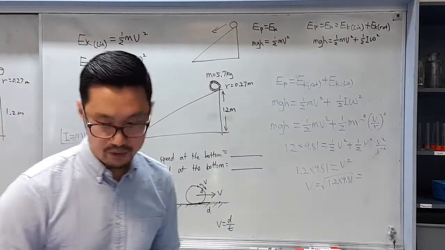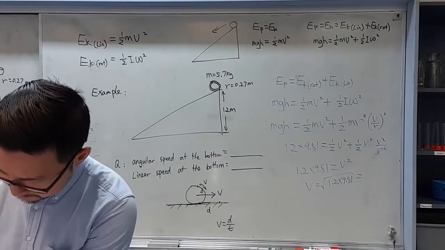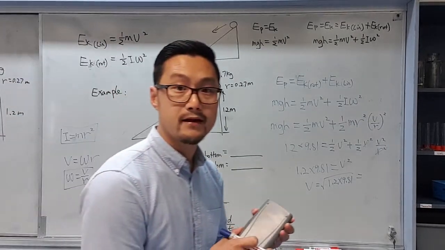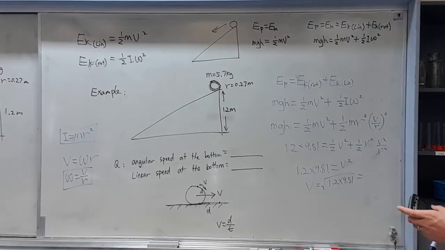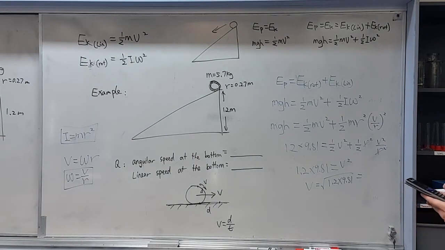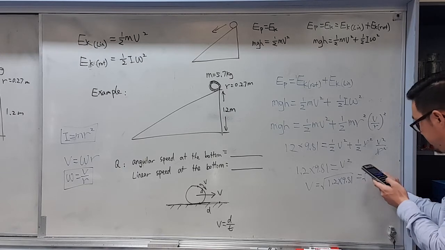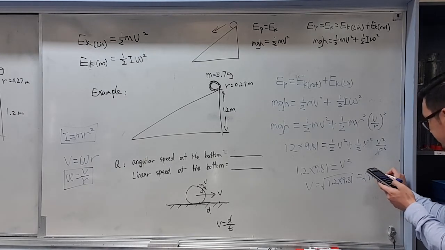Okay, so let me put that in my calculator. So 1.2 times 9.81, that equals 11.772, square root. So it becomes the square root of 11.772.